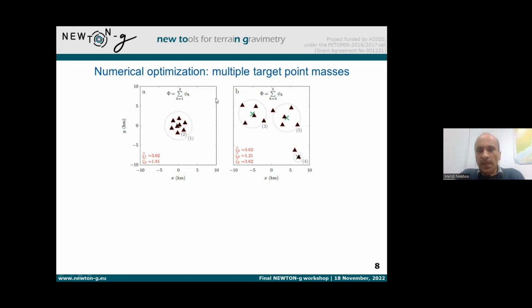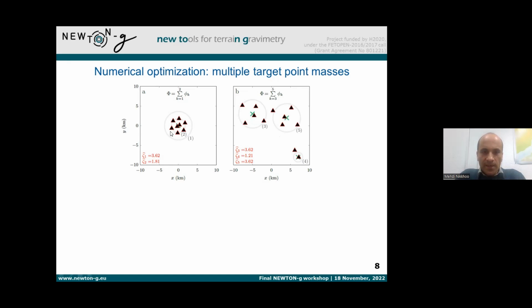So if we simply add the objective functions associated with individual point masses, the optimization does not do a good job, because in each case we are using 4 gravimeters corresponding to each point mass, and what we expect the optimization to do is to dedicate 4 gravimeters to each point mass.